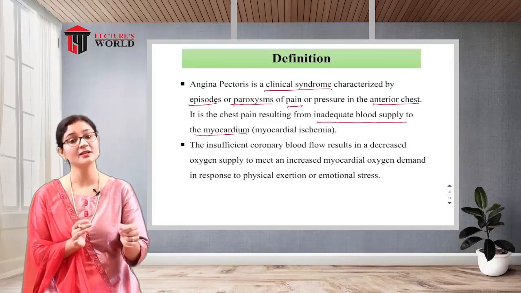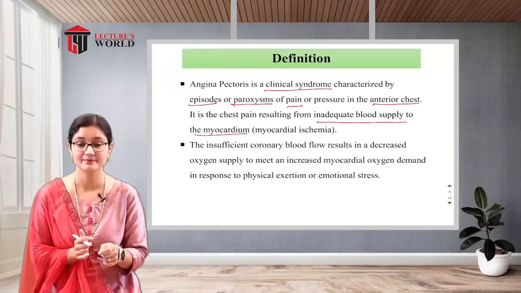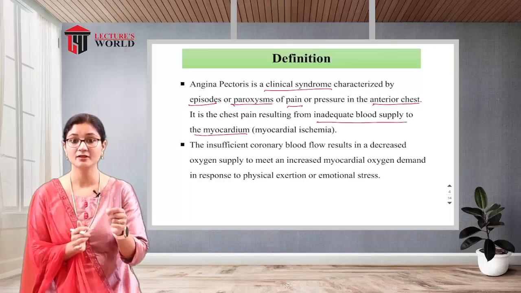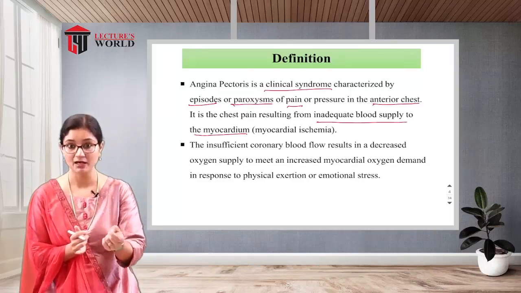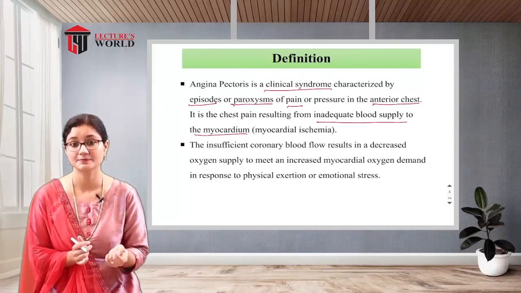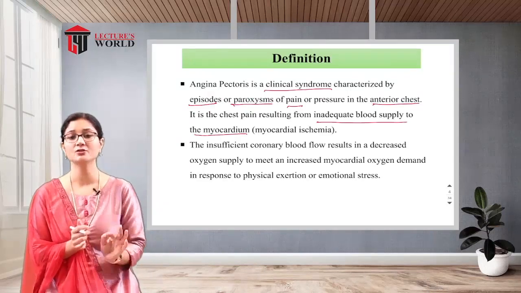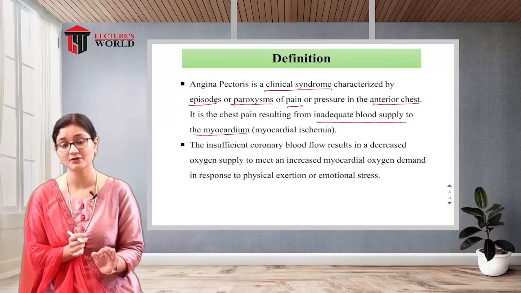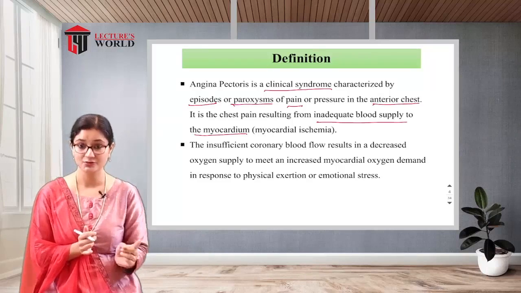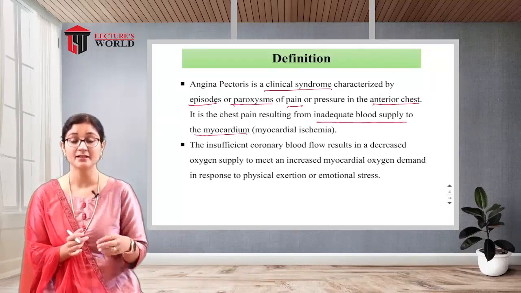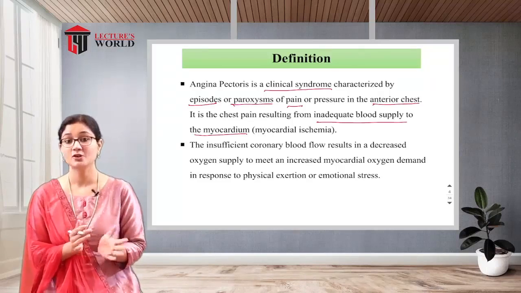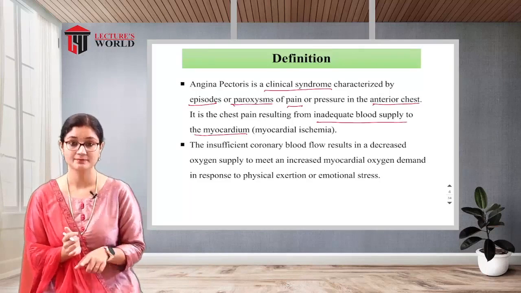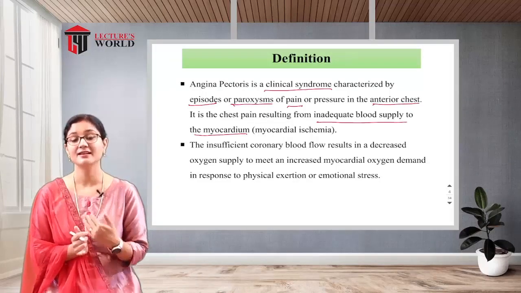Because the coronary arteries have been occluded. The coronary artery can be occluded with plaque or with any clot. Understood? But what you are going to write in the definition of angina pectoris is the clinical syndrome which is characterized by episodes or paroxysms of pain or pressure in the anterior chest.